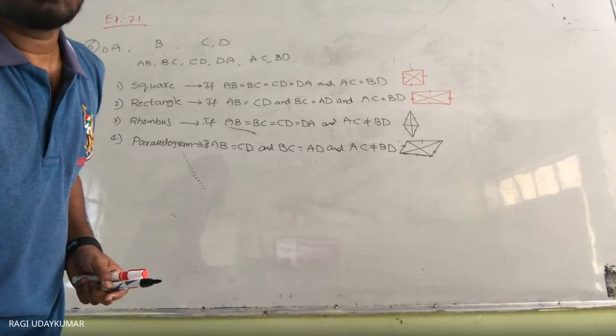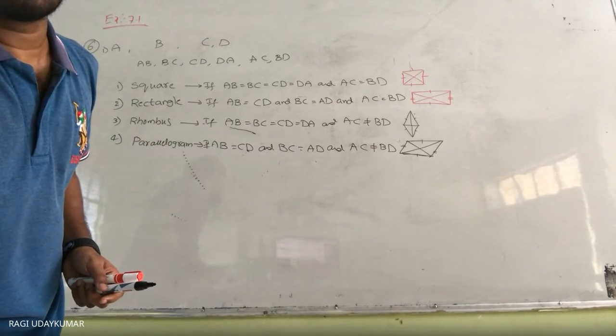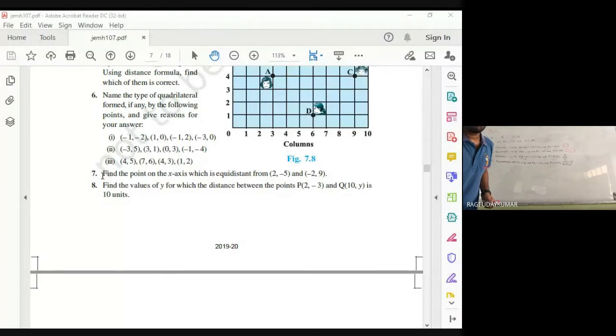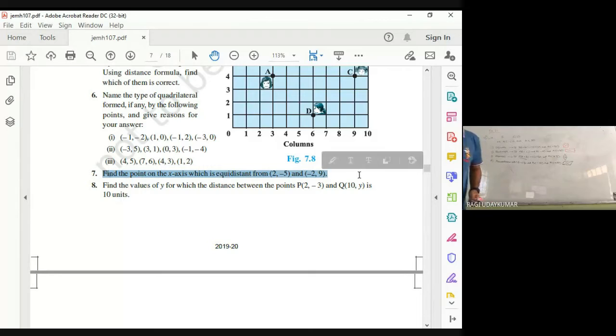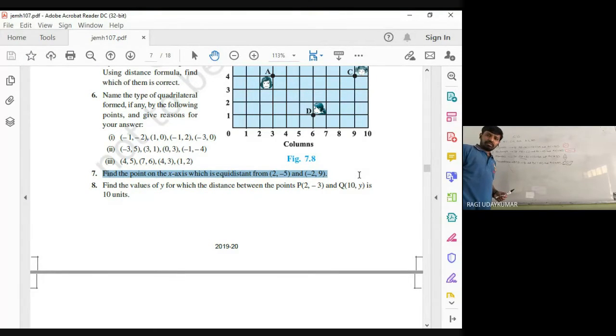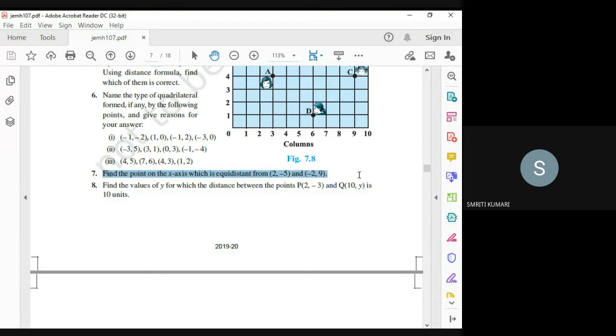And coming to the seventh question, most of the students will commit a mistake in question number 7, usually. Sir, is there any need for us to check by the points that this figure is a rectangle and the next one is a square? I am saying we need to prove that the given points form a square or a rectangle.